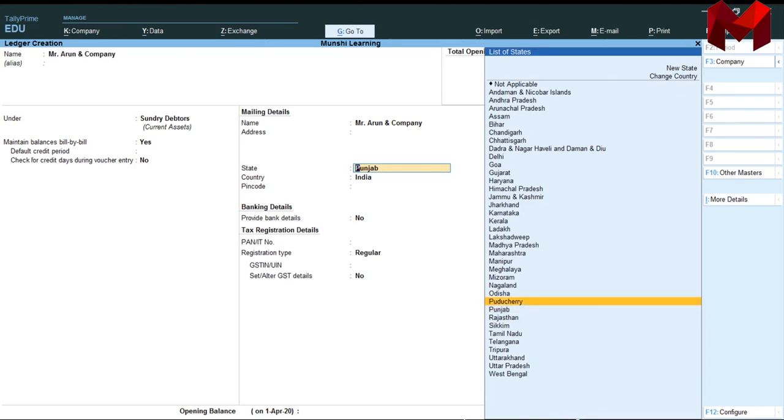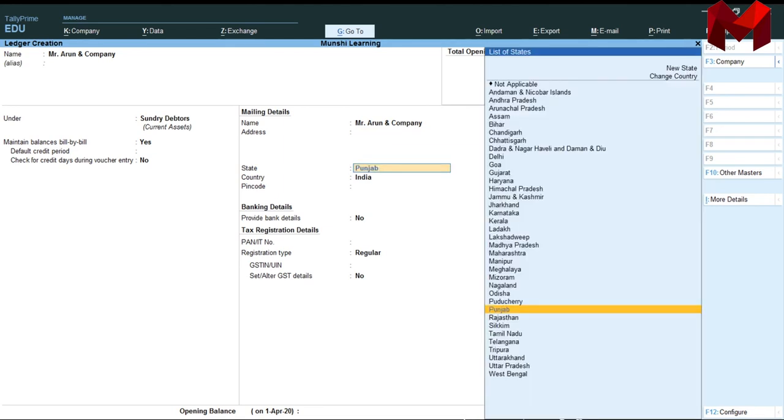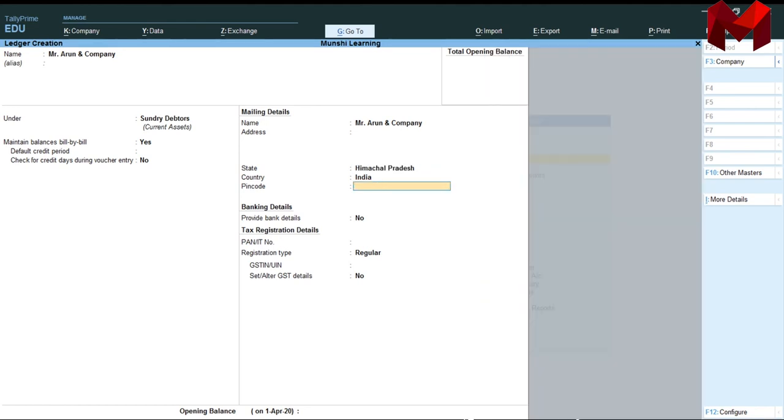Let's say he's from Himachal. He's a regular GST dealer. 07 is the Himachal code. I'm just entering a dummy number, dummy PAN number.